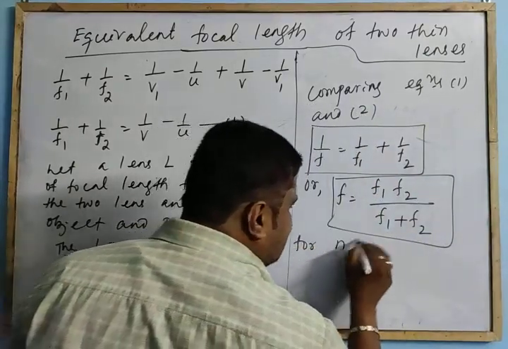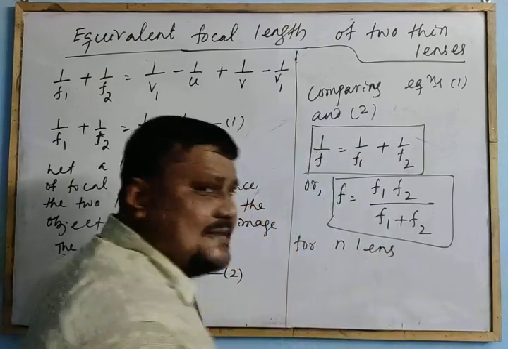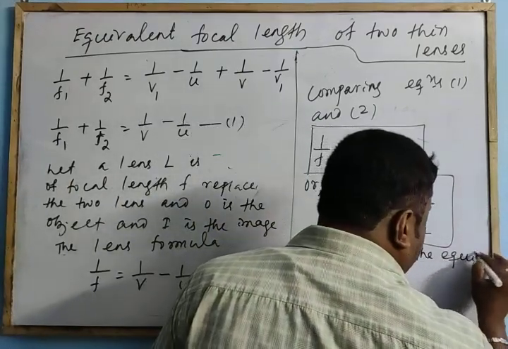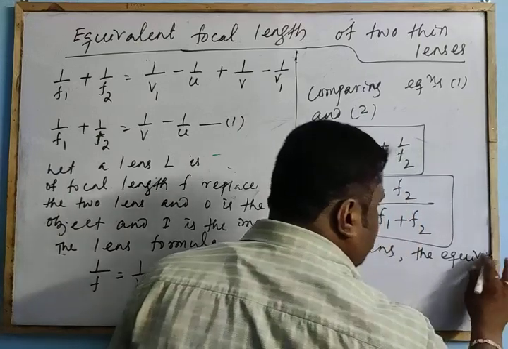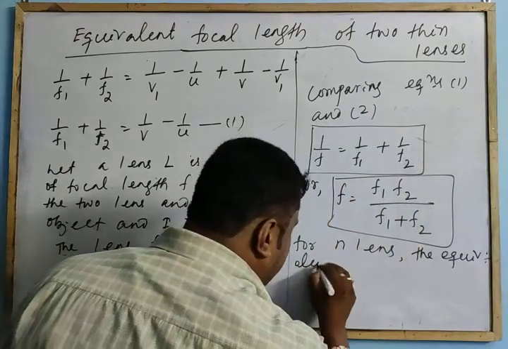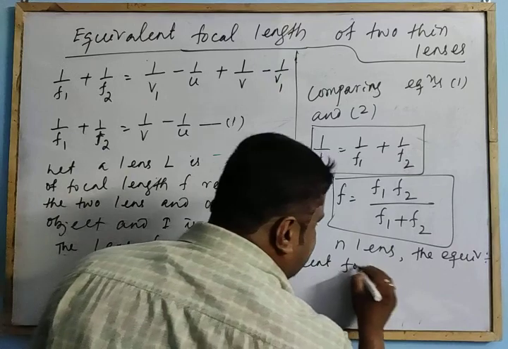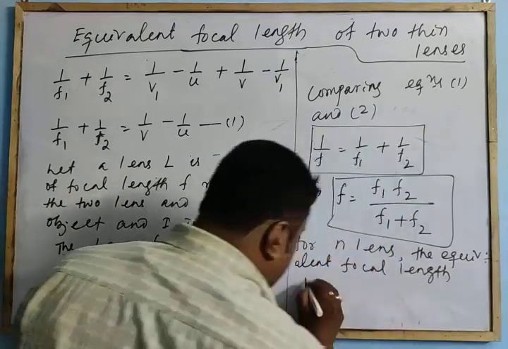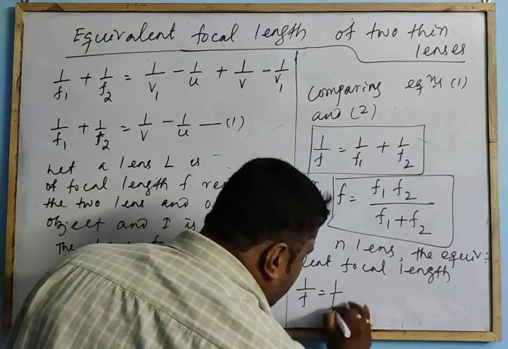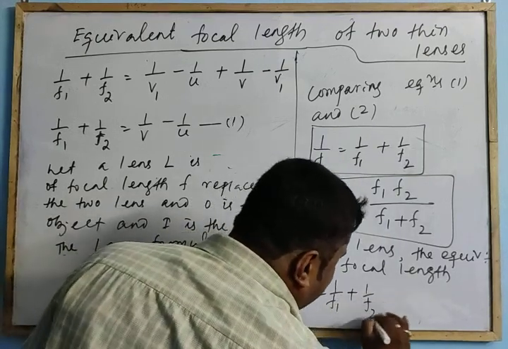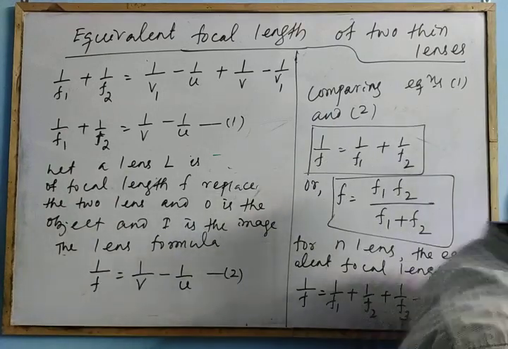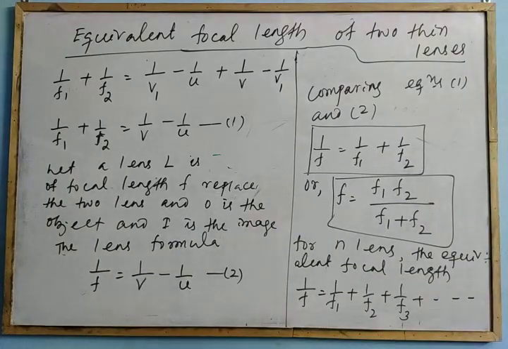For n lenses, the equivalent focal length: 1 by f equal to 1 by f1 plus 1 by f2 plus 1 by f3, like that. You will get the equivalent focal length.